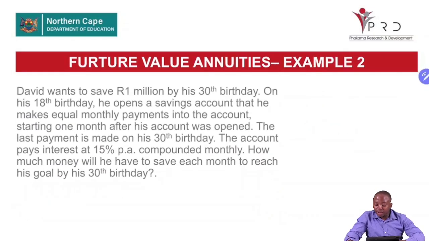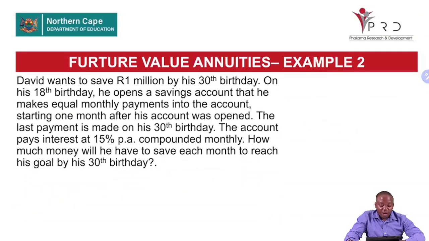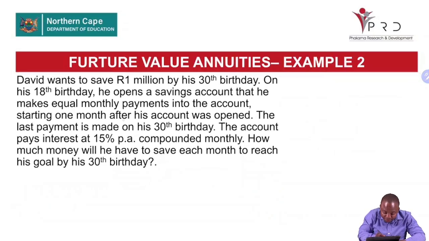Right. Let us look at example number 2 on annuities. On this example, we are told that David wants to save 1 million by his 30th birthday. On his 18th birthday, he opens a savings account and makes equal monthly payments into the account, starting 1 month after his account was opened, and this is important, starting 1 month after.